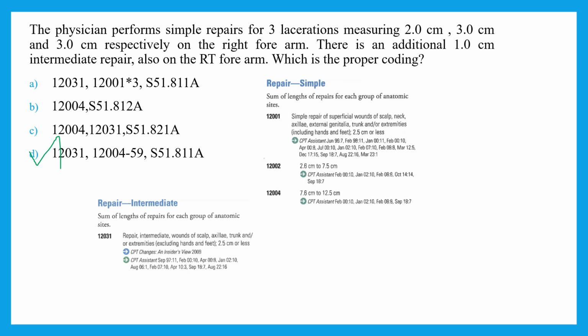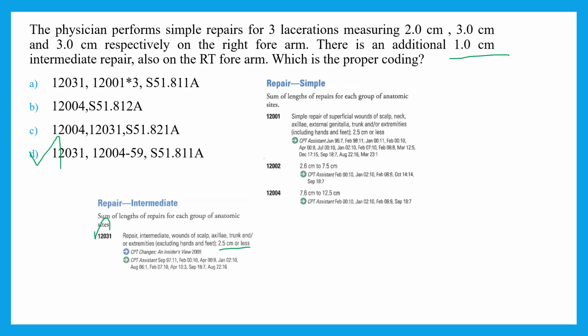So 2.5 centimeter. Now we need to check, here we are looking for intermediate repair. The intermediate repair of 2.5 centimeter or less will come under this code. So 12031 is right.